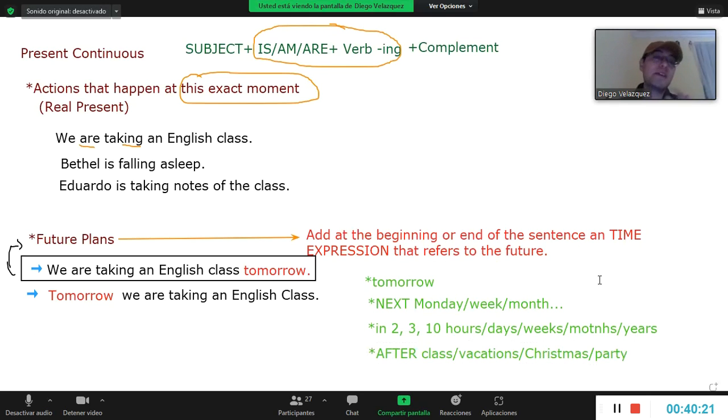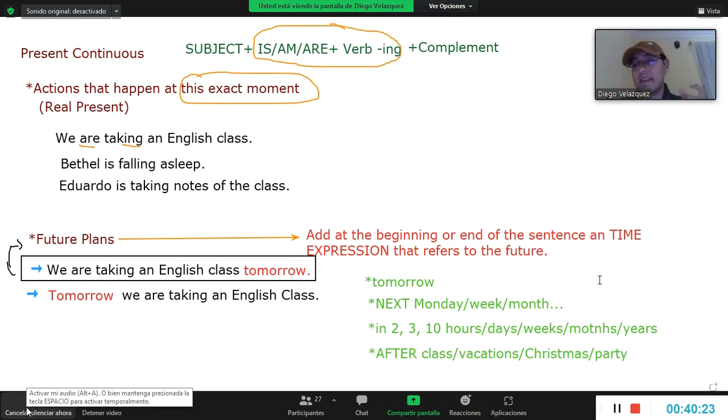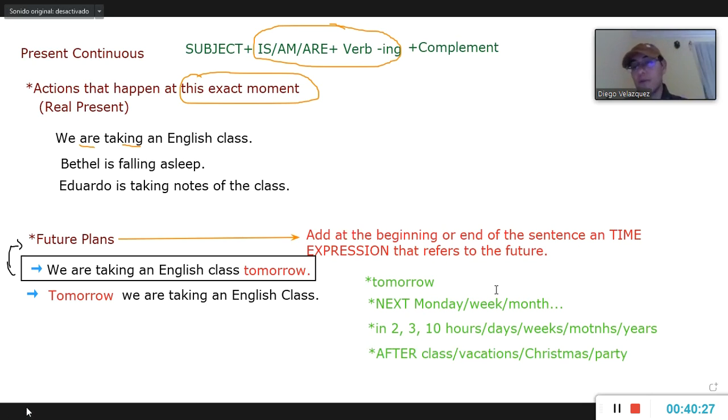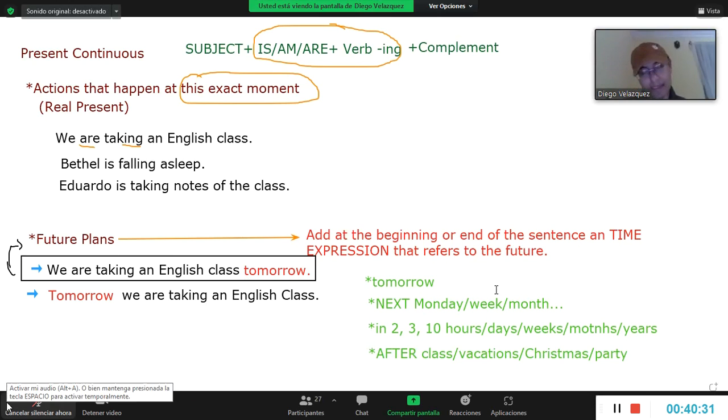So you can also mention specific moments in time or specific events after which you have the plan for the future, okay?